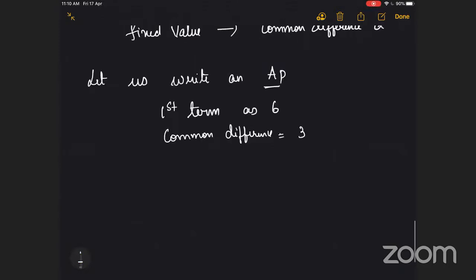So what will be the AP now? The first term is 6, right? To obtain the next term, we should take the previous term and add the common difference. Similarly, the next term is 6 plus 3 plus 3, and so on.